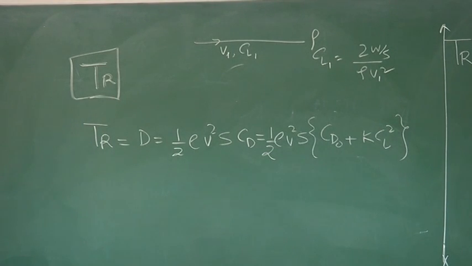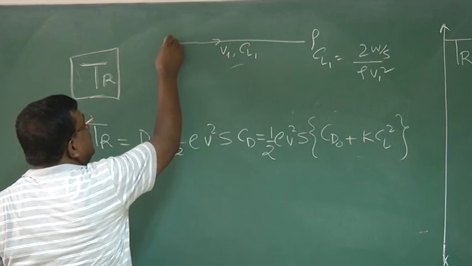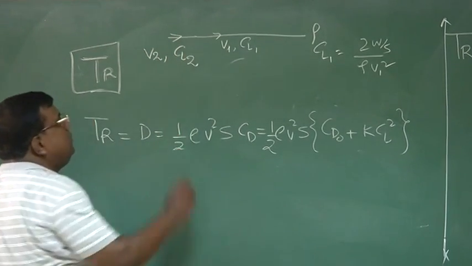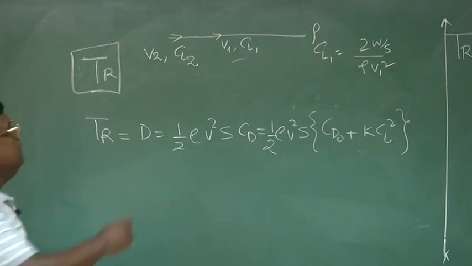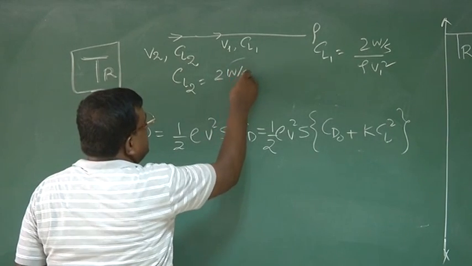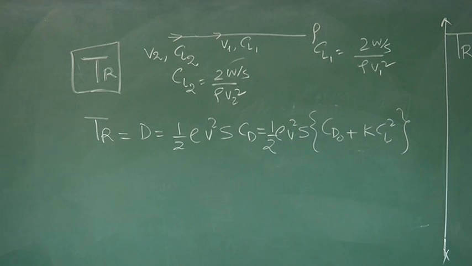Now suppose I want to fly at the same altitude again, but at V2. Then I require CL2, right? So CL2 will be 2W by S rho V2 square. So which one will be more? CL1 or CL2?